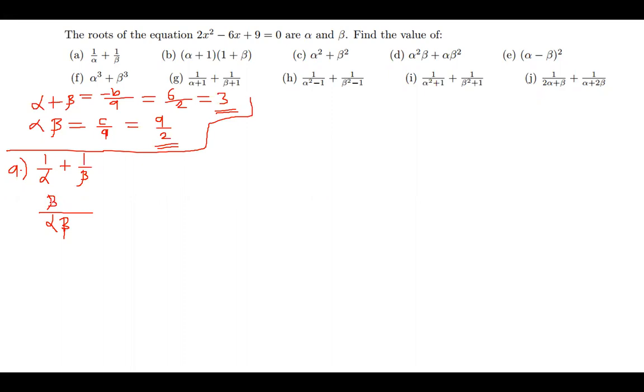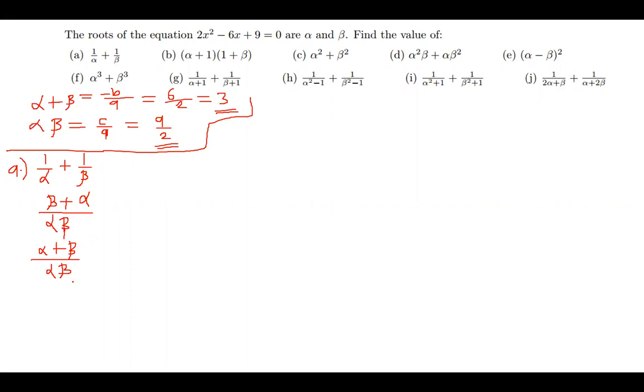Then you write your plus, and beta into alpha beta, you get your alpha. So alpha times 1, you get alpha there. So this can also be written as alpha plus beta over alpha beta.